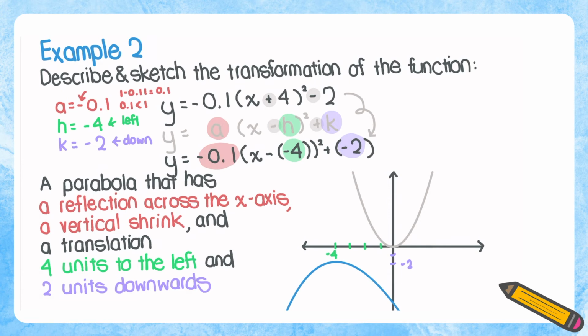You can always break down the sketching as well. So for example, start off with the parent function, reflect it across the x-axis, and then make it wider because it's a vertical shrink. Then move it 4 units to the left and 2 units downwards.